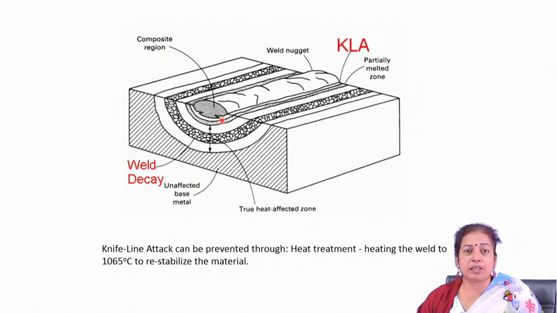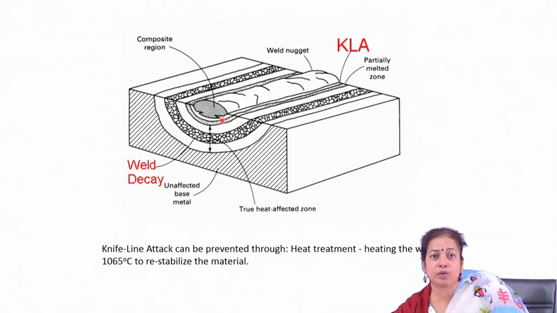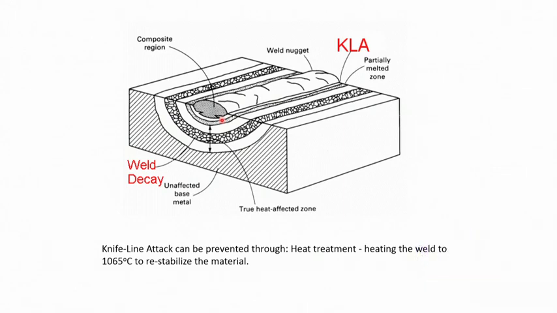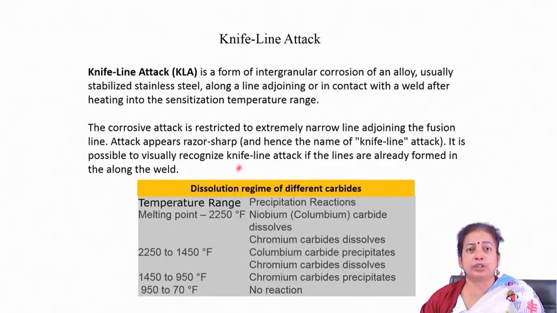So, in this particular case, for stabilized steel, where you add columbium, titanium, niobium, these elements for carbide formation, whenever you do welding they go in solution. So, in the weld zone there is no problem, but their precipitation temperature is a little lower than the melting temperature of the metal, but obviously a little higher than the chromium carbide precipitation temperature.